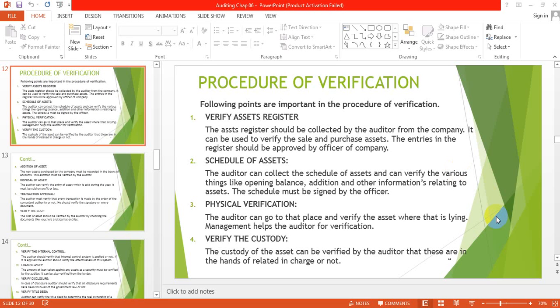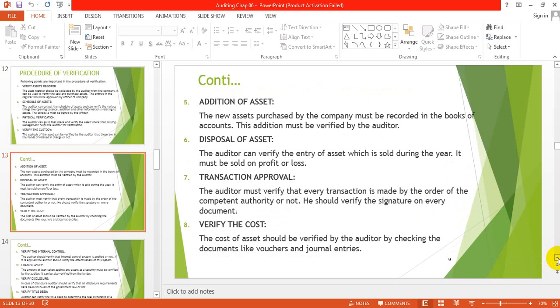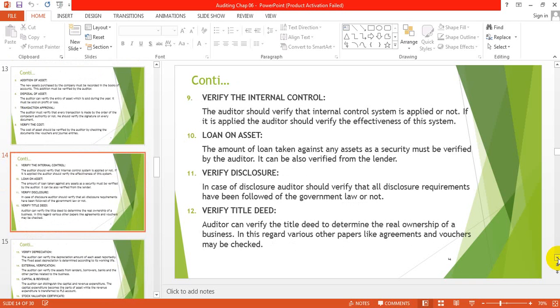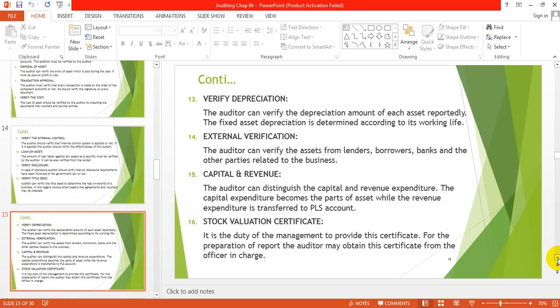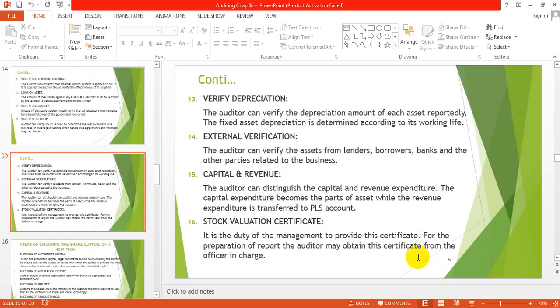Bismillahirrahmanirrahim. In the previous class, we discussed the procedure of verification: verify assets register, schedule of assets, then physical verification, verify the custody, addition of assets, disposal of asset, transaction approval, verify the cost, verify the internal control, loan on asset, verify disclosure, and verify title deed.